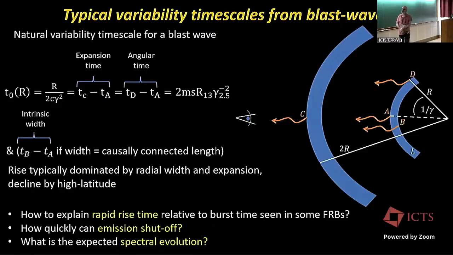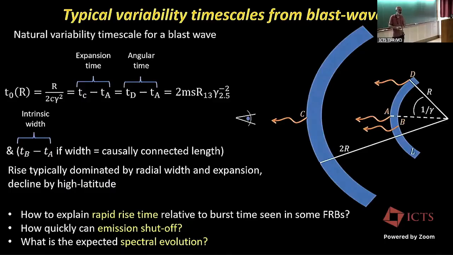And the first has to do with variability, both spectral and temporal variability. So this picture is showing you some outflow that is expanding, and you see emission of different photons from different points in this outflow. And there is a nice coincidence that people who work, for example, on gamma ray bursts know very well, which is that you have three different time scales here, which are relevant to dictate the light curve, and they all happen to be of the same order.